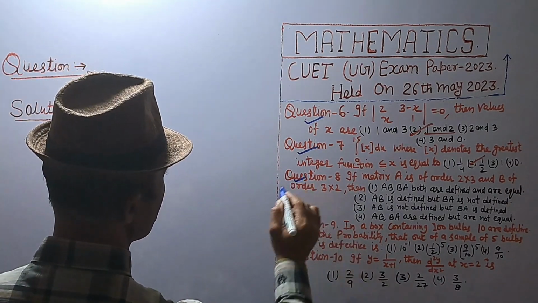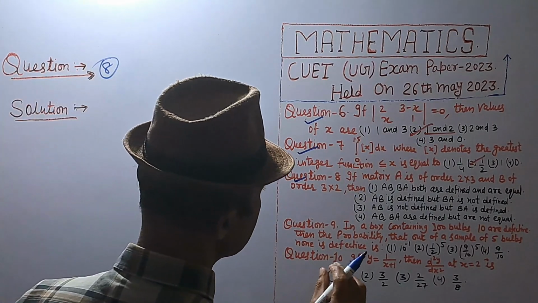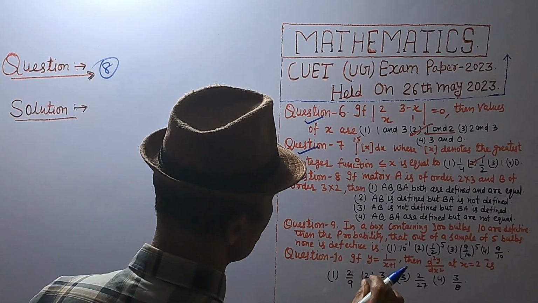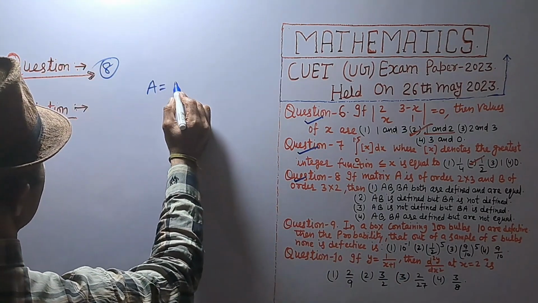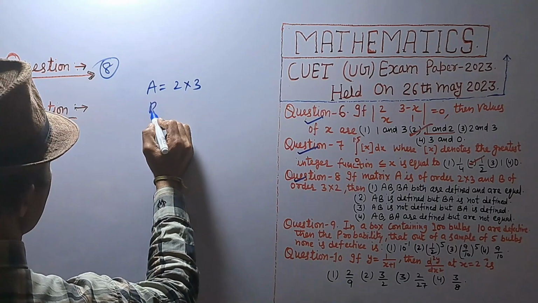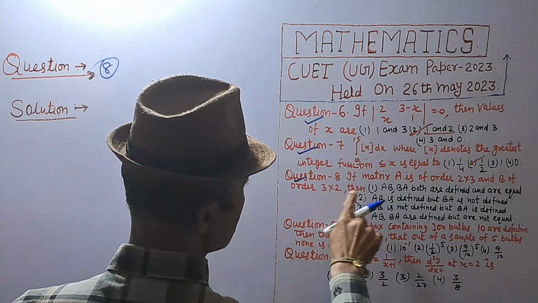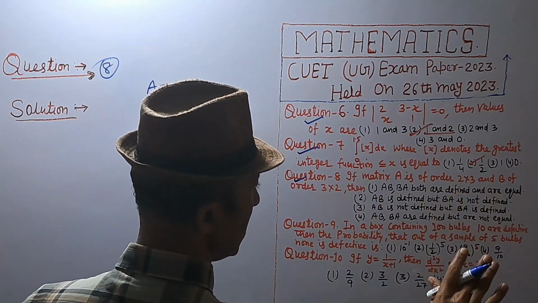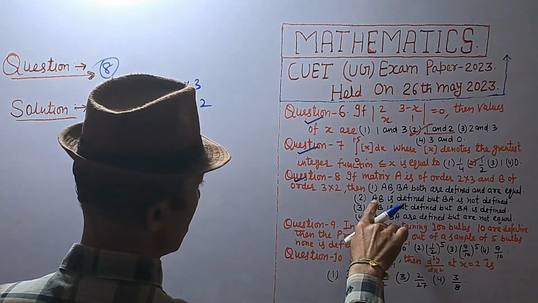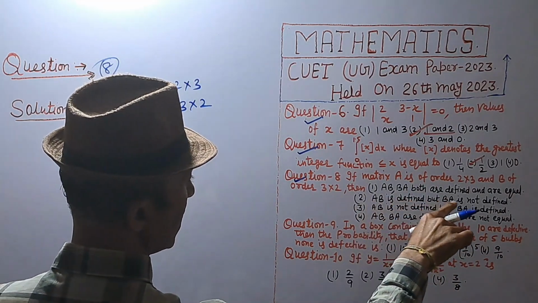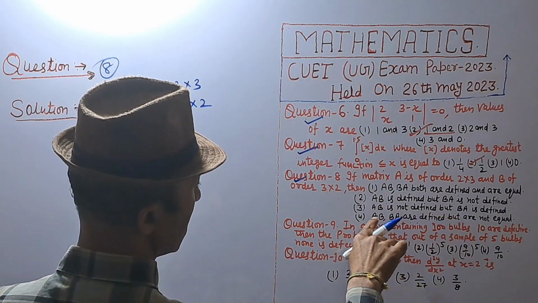Question number 8. If matrix A is of order 2 cross 3 and B is of order 3 cross 2, then AB and BA both are defined and are equal. Not. AB is defined but BA is not defined. AB is not defined but BA is defined.